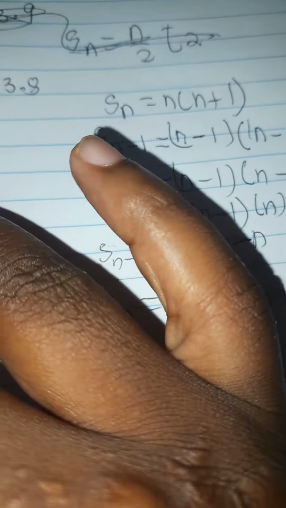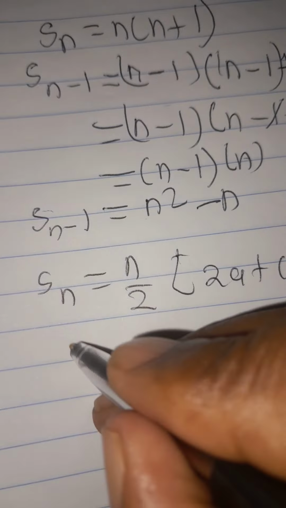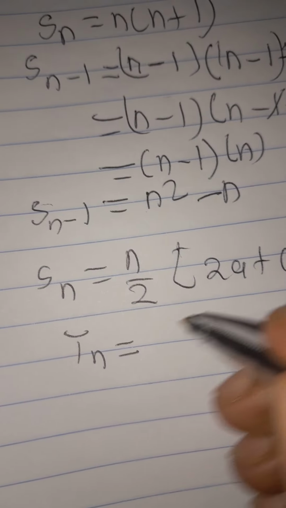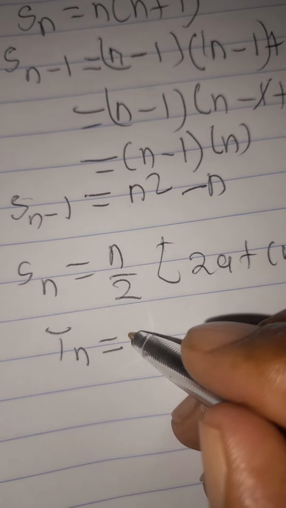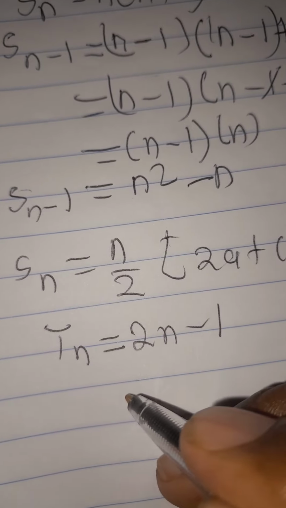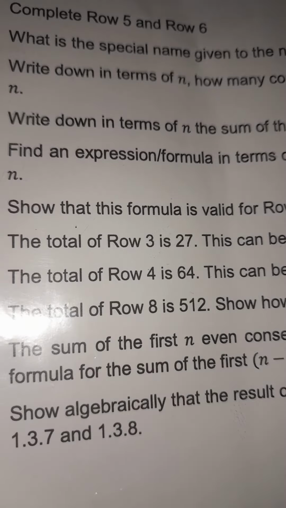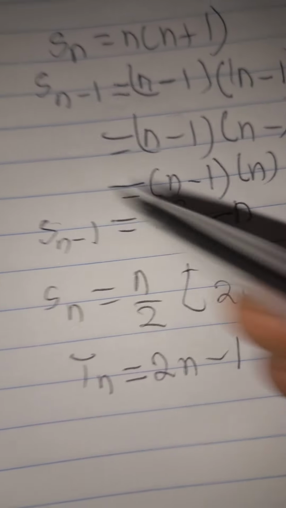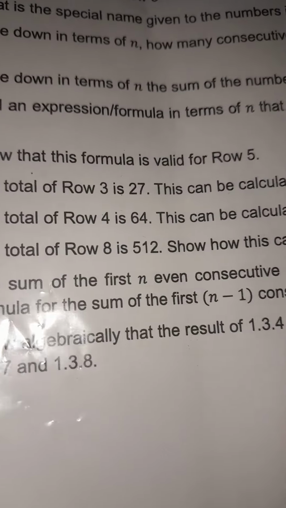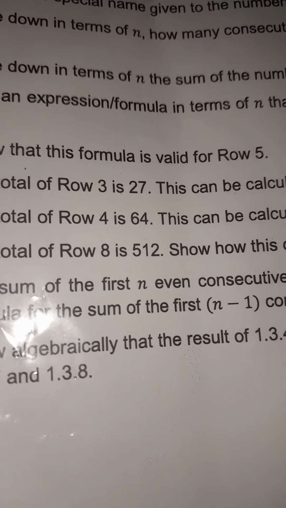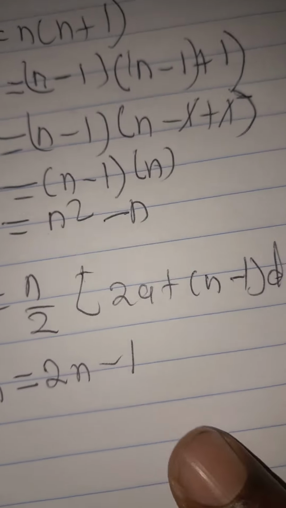You may recall that the result of 1.3.5 was given as 2n minus 1, right? And the result of 1.3.7, where we were supposed to show that this is valid. Then we also have to use the result of 1.3.8, in which we got this.